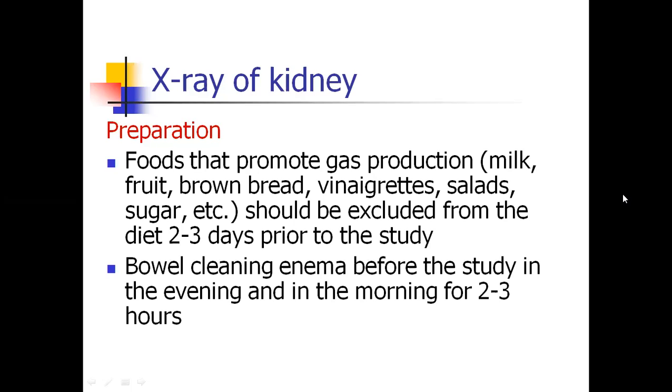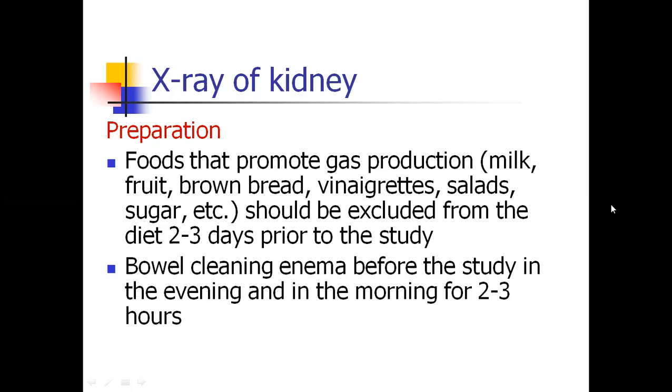Plain X-ray of kidneys requires preparation. Foods that promote gas production, such as milk, fruits, and many others, should be excluded from the diet 3 days prior to the study. And besides, a bowel cleaning enema before the study in the evening and in the morning, 2 or 3 hours before taking X-ray pictures, is also necessary.